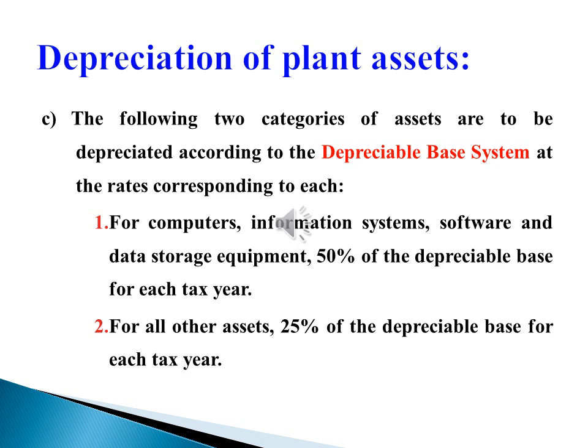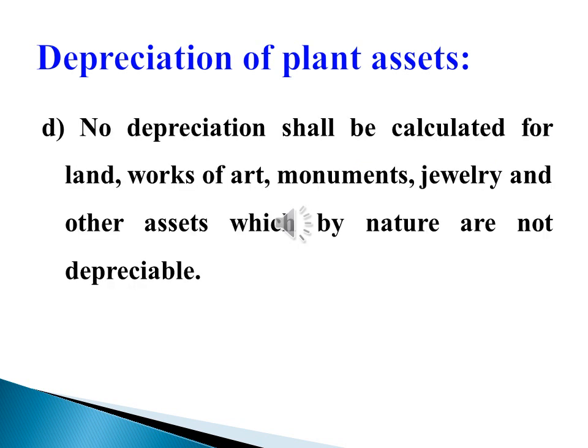Number 2. For all other assets, 25% of the depreciable pool for each tax year. D. No depreciation shall be calculated for land, works of art, monuments, jewelry, and other assets which by nature are not depreciable.